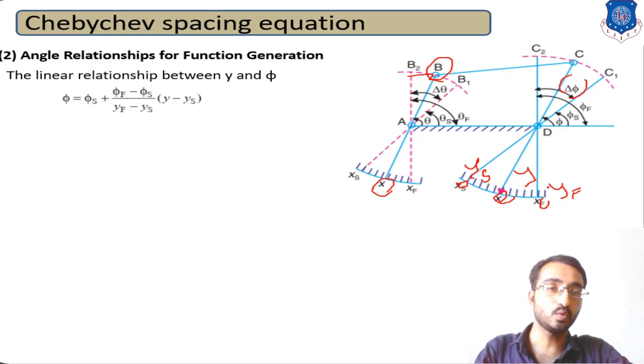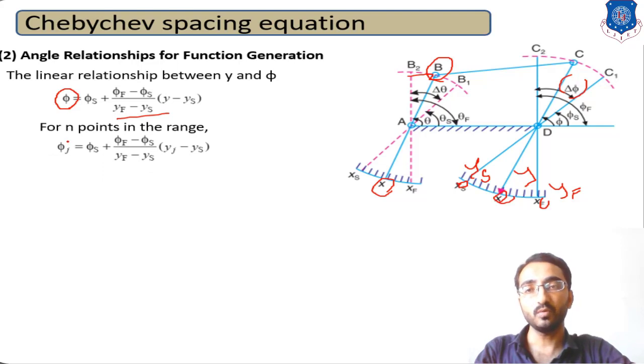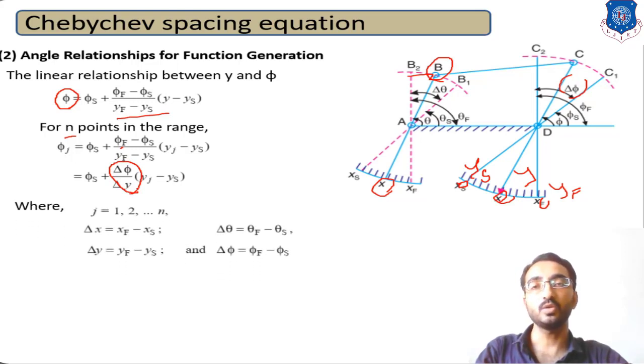So y starting to y final describes your output motion, and your phi defines your output angle. In this equation, once again, if you want to calculate the points, you can replace with j, and the change in phi upon change in y is described by distance. This is the final equation that will help you calculate various spacing points in any mechanism.